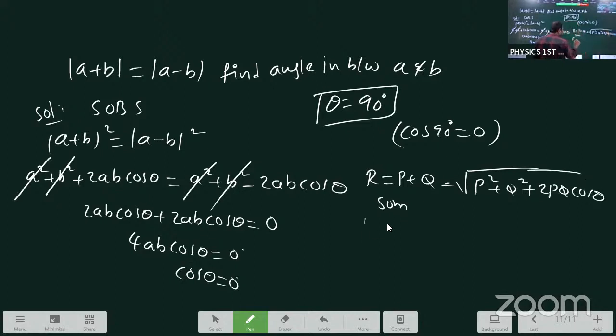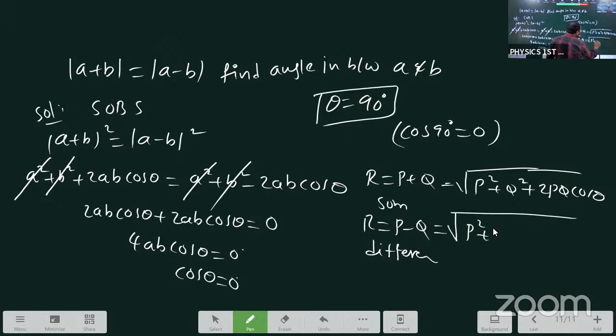The other version is the difference: P square plus Q square minus 2PQ cos theta. One is the sum, one is the difference. The same method we follow: the root of the left side square, and the right side like this.